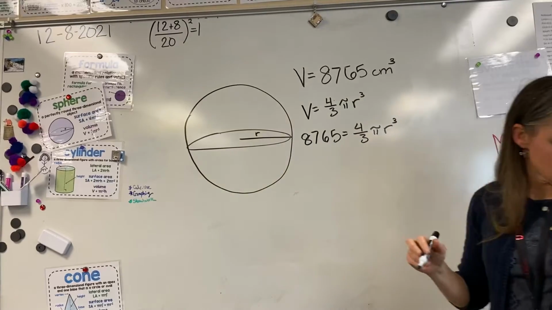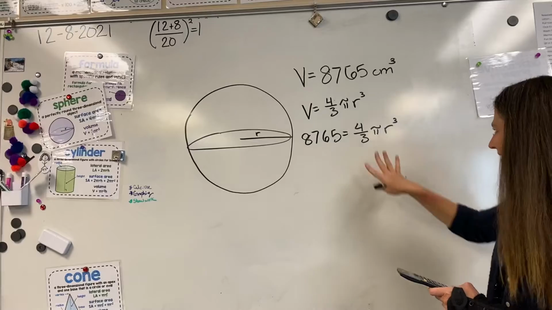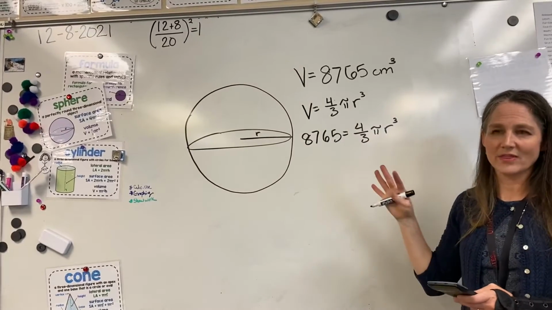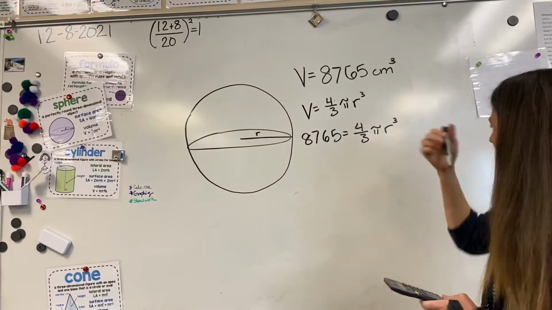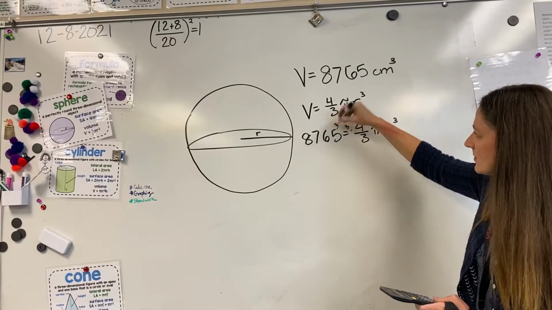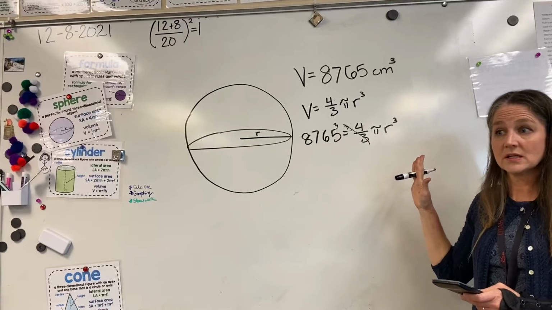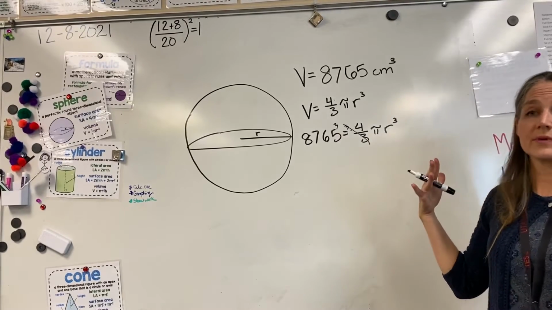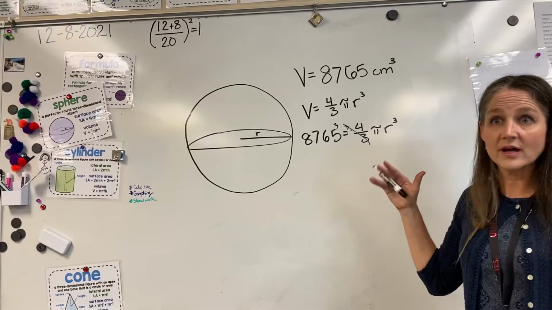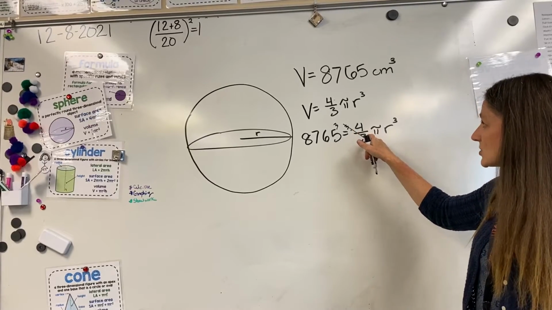Okay, so I'm going to do 4/3 times pi. Actually, I don't want to deal with that 0.3333. Because we're dividing by 3, I'm just going to multiply both sides by 3 and get rid of that 3. Are you guys cool with that? The opposite of division is multiplication.